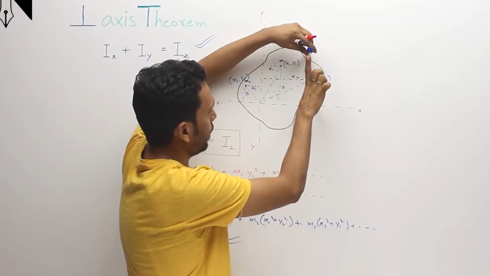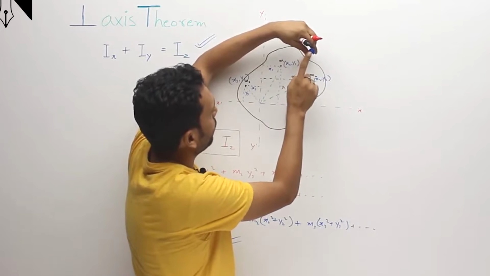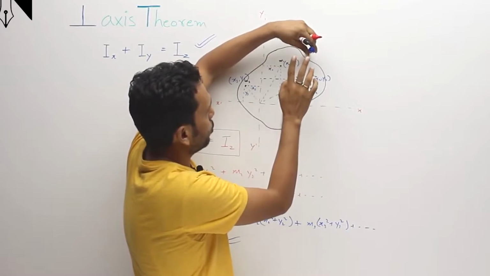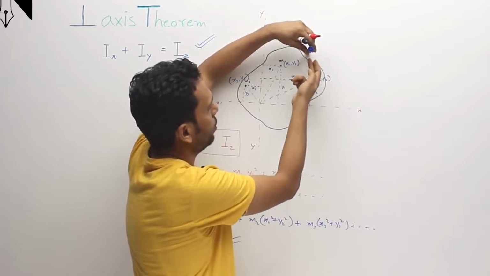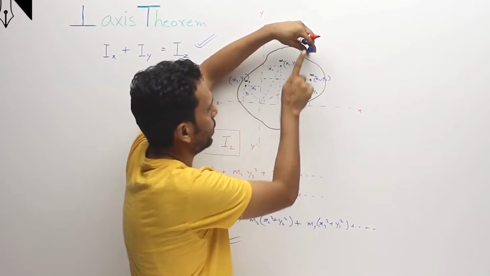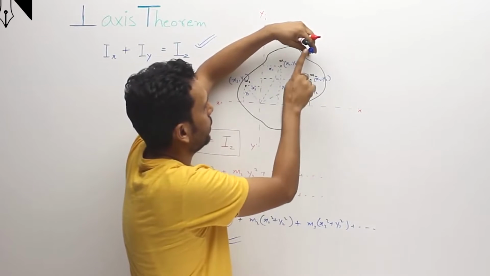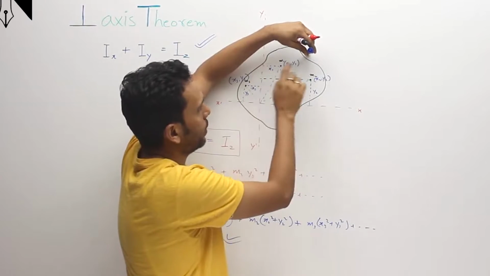Well and good, that is your Ix. What is your Iy? Iy is m4 into that distance square. That's also well and good. Suppose the height was z over here, then this distance square would be y4 square plus z square, and that distance square would be x4 square plus z square.